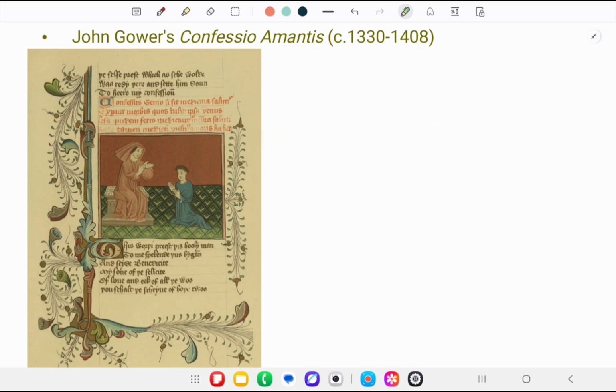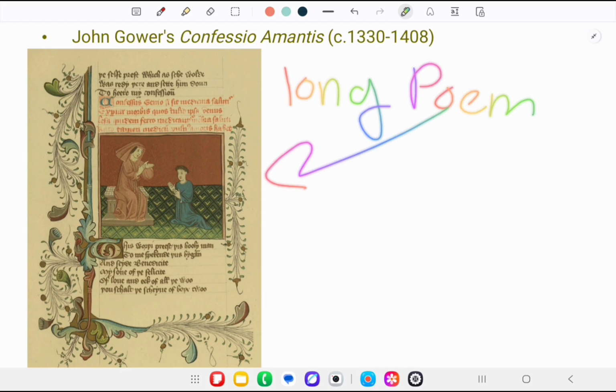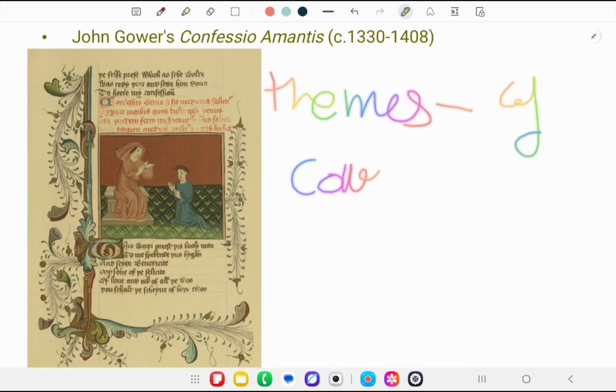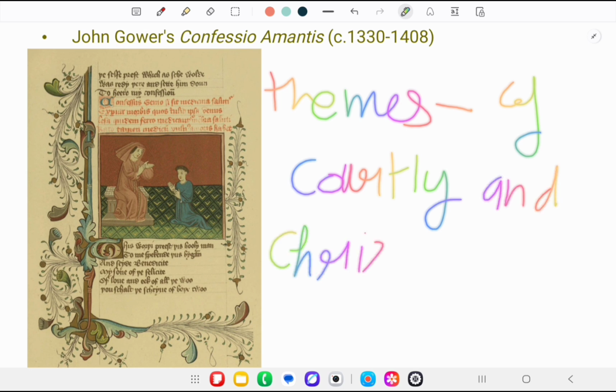He is remembered for his long poem Confessio Amantis, which explores the theme of courtly and Christian love.